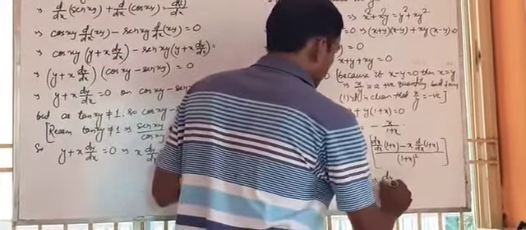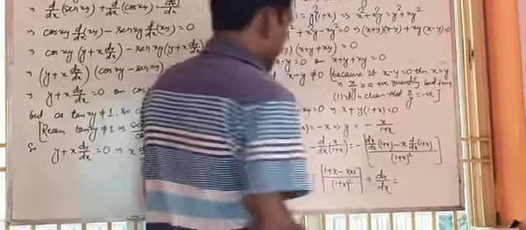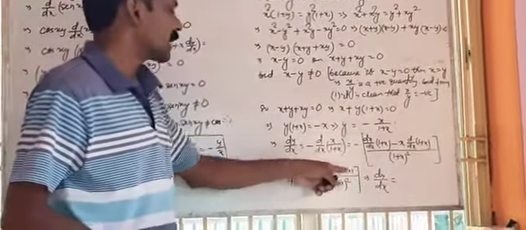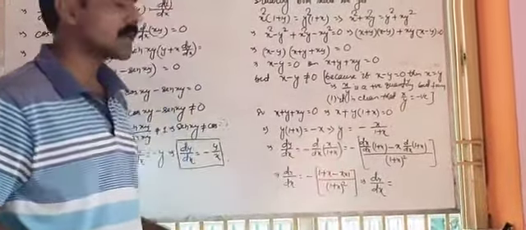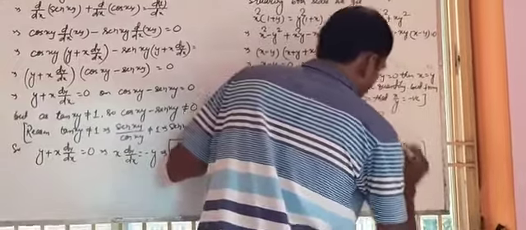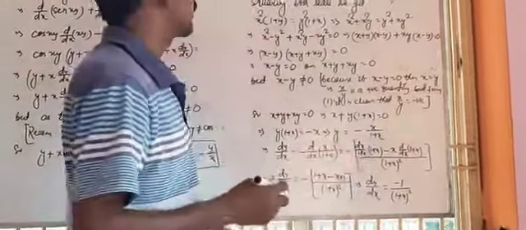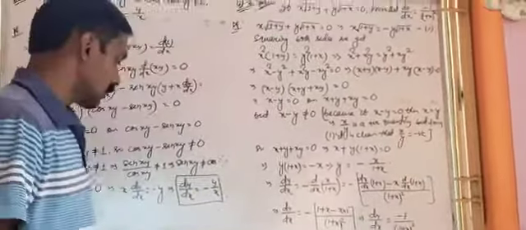This implies dy by dx equal to, here it is 1 plus x and minus x, so x minus x will be cancelled. So here it is only 1. So minus 1 by 1 plus x whole square, which we wanted to prove.